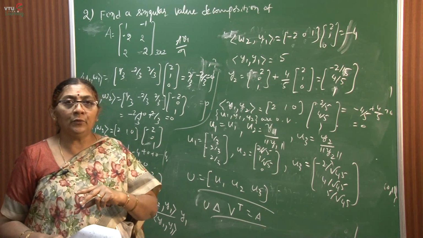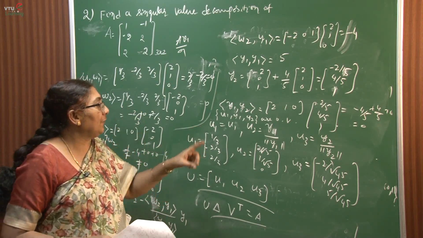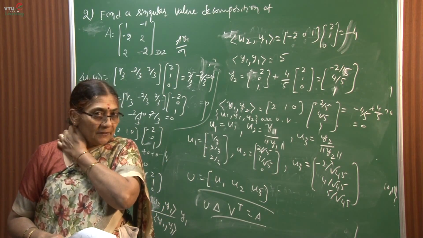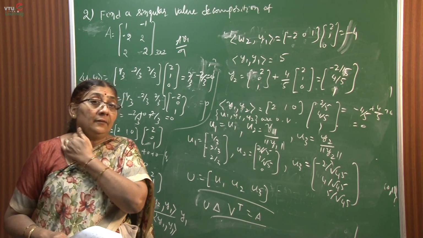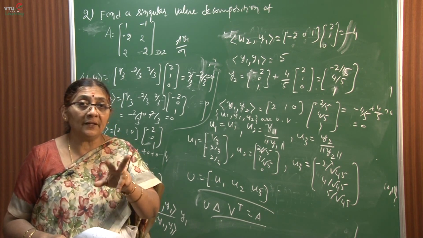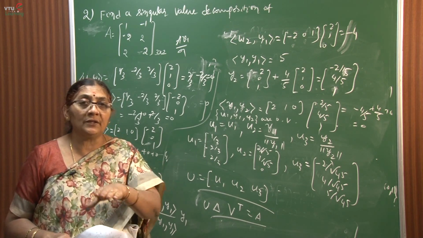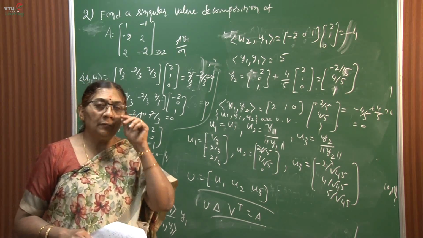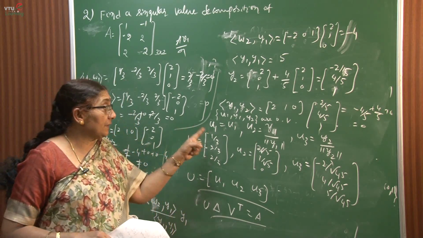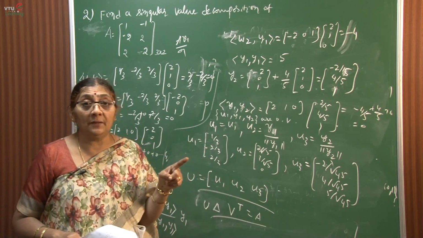Therefore, once you get U1, you take the formula U1 transpose of x equals 0. Using this formula, what are the 2 vectors we get? I need 2 more vectors, so I take the standard vectors 1, 0, 0, 1 as the components. The next point is very, very important.